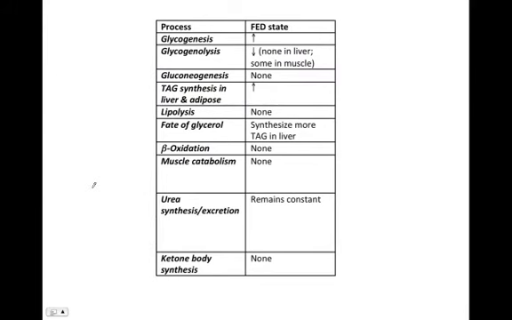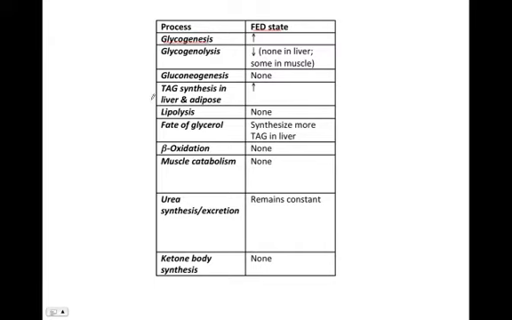Now let's review the pathways that are active in the fed state. Remember, in the fed state, insulin will be elevated and will be controlling the activity of these pathways. So glycogen synthesis will be active, as well as fatty acid synthesis and the synthesis of triacylglycerols.